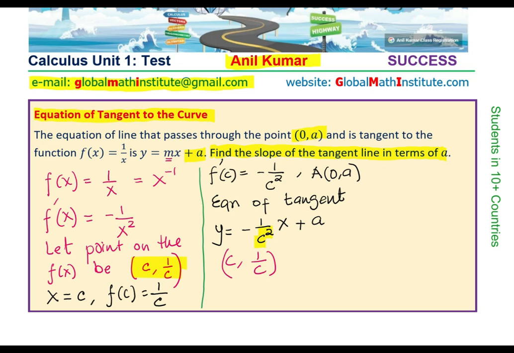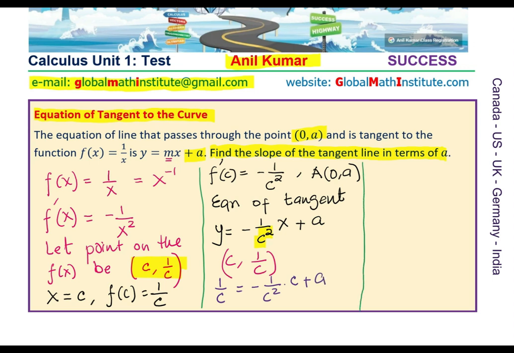Substituting this point in the equation, we can actually find c in terms of a. So let's rewrite this. What we get is y value of 1 over c equals minus 1 over c squared and x value of c, plus a. So that is what we get our equation as.